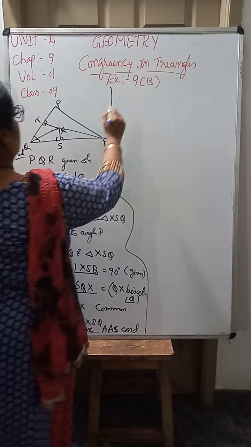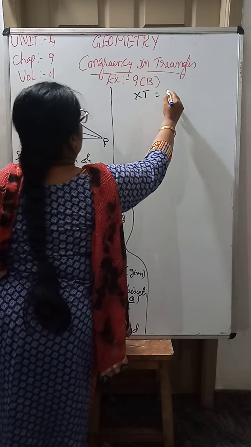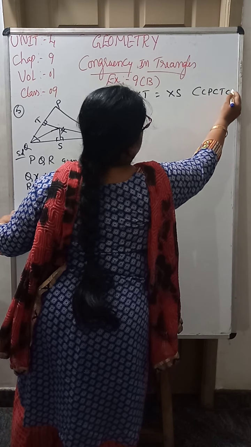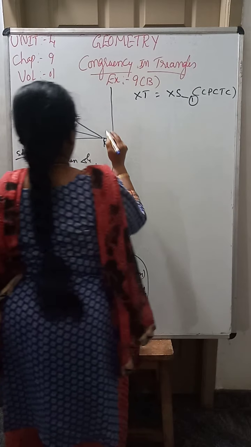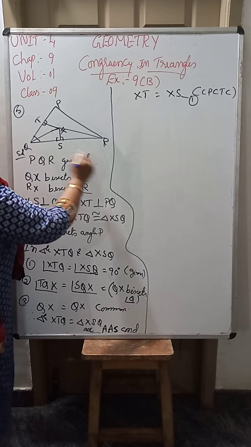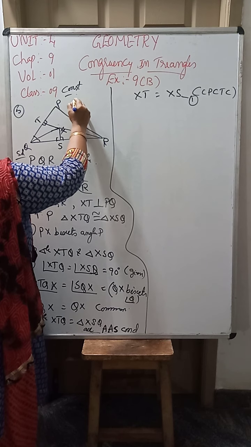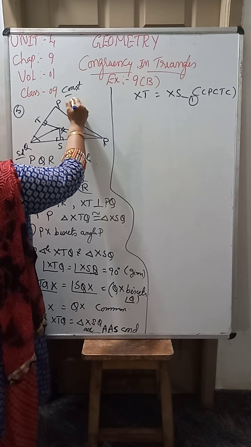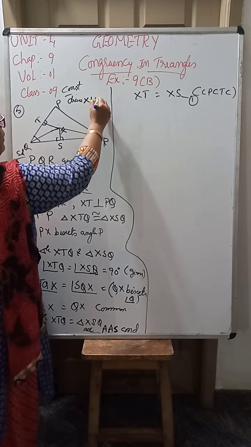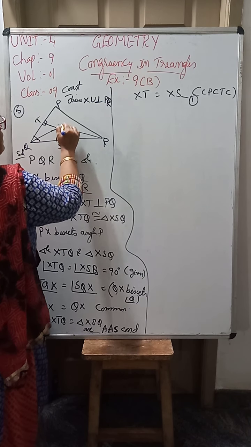Now one more thing I have to write here. XT is equal to XS according to CPCTC, and call this as 1. Now one more thing I have to express here, construction. Please children, let me write here. Construction: draw XU perpendicular to PR, so that gets us like this.